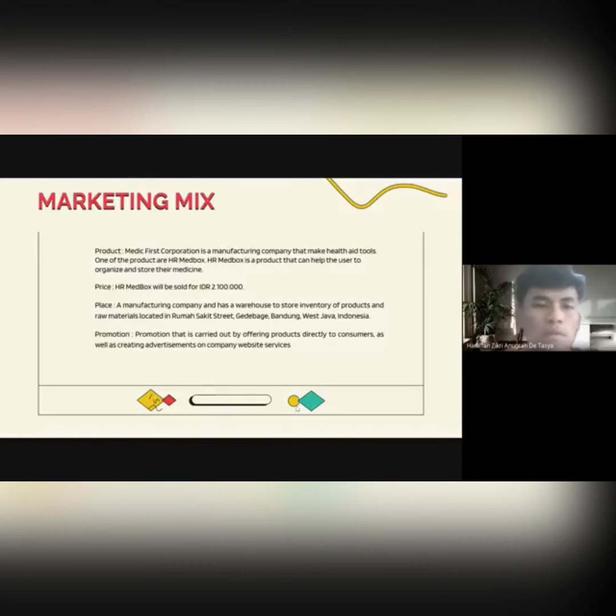And for the place, a manufacturing company with a warehouse to store inventory of products and raw materials located in Rumah Sakit Street, Gede Bage, Bandung, West Java, Indonesia. And the promotion is carried out by offering products directly to consumers as well as creating advertisements on the company website services.